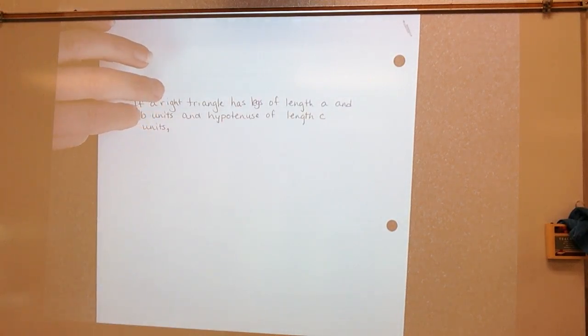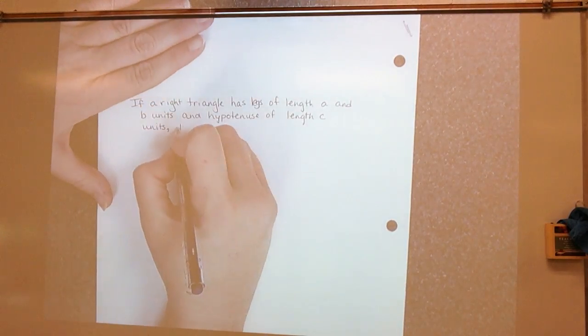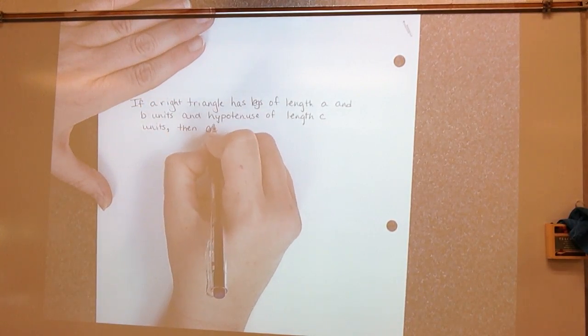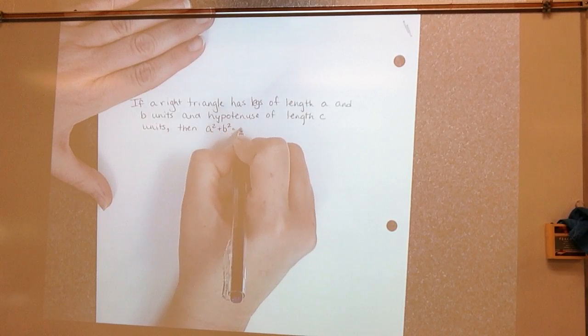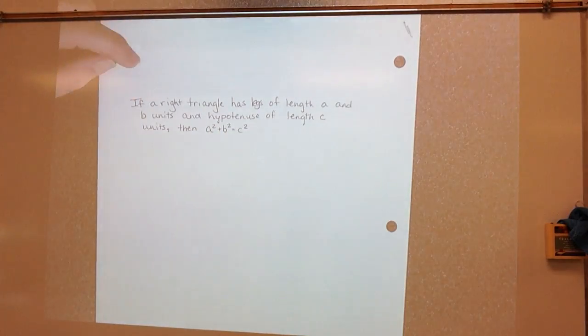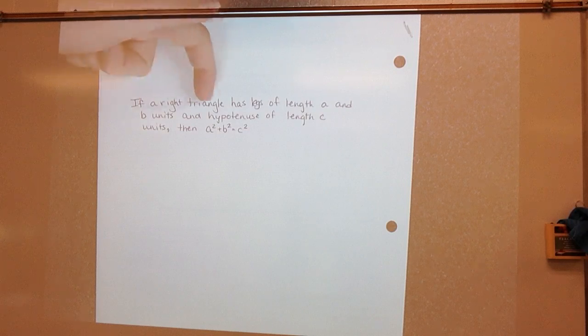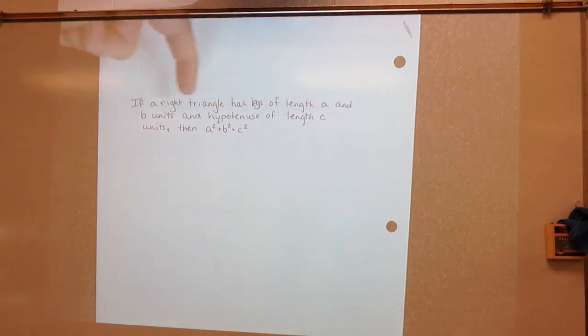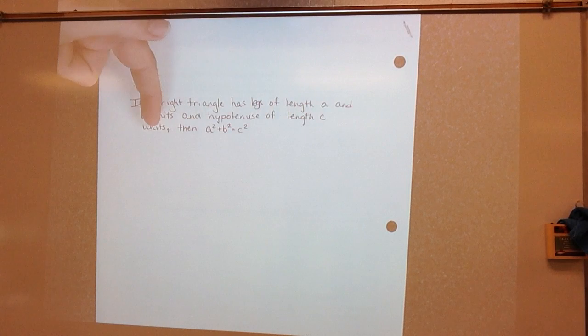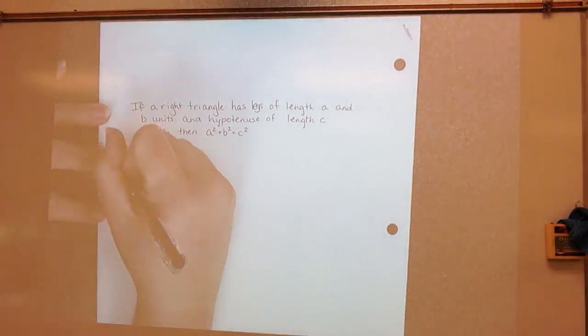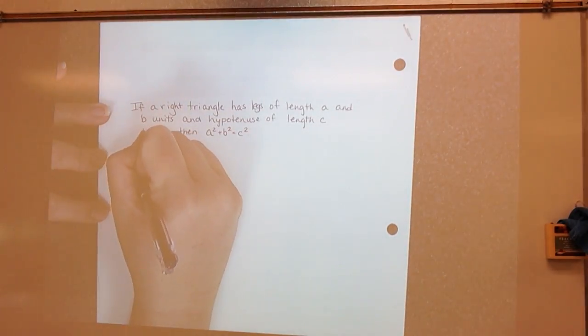then A squared plus B squared is equal to C squared. Okay, so if-then statements, remember those. If a right triangle has legs of length A and B units and hypotenuse of length C units, then I can say A squared plus B squared is equal to C squared. All right, so the converse of that.